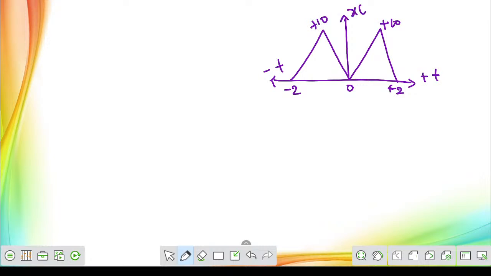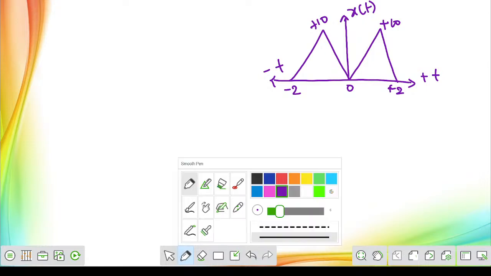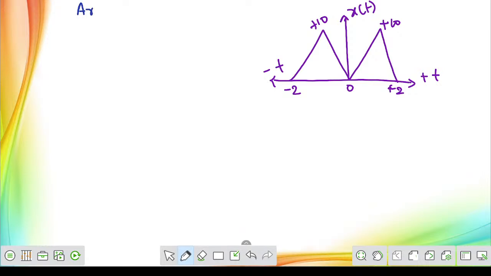This is x of t. The signal looks like a complicated one. Now the property I told you: area under x of omega. Write down the property: area under x of omega. So if this is the question, how should I solve it?